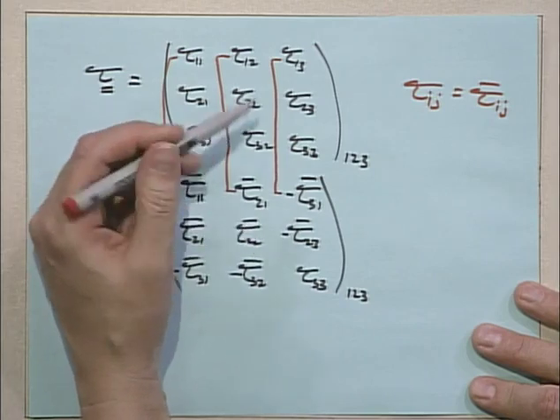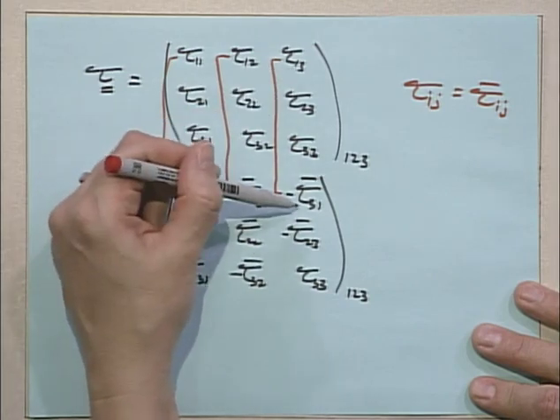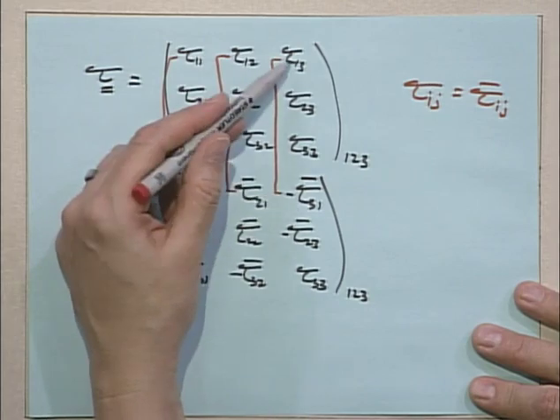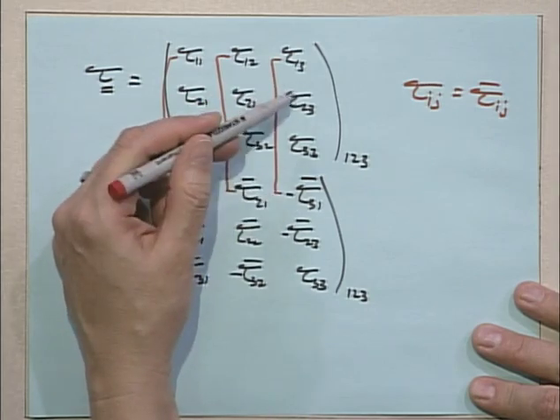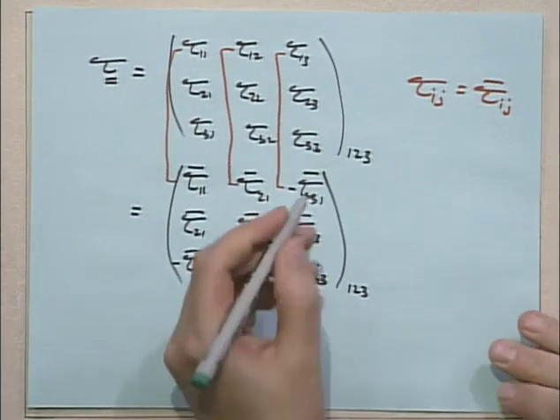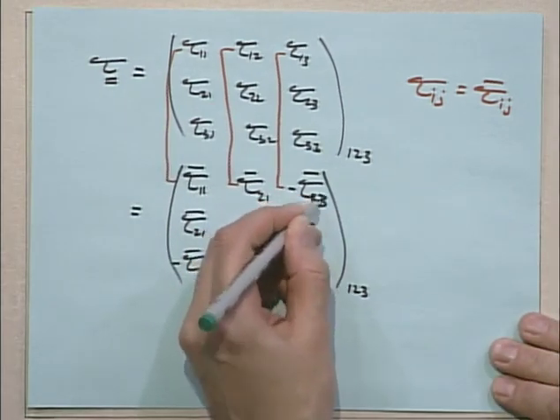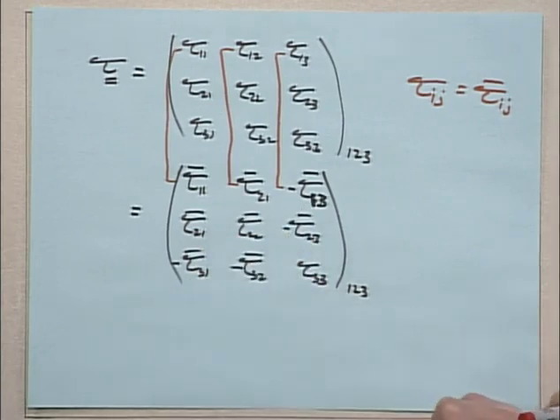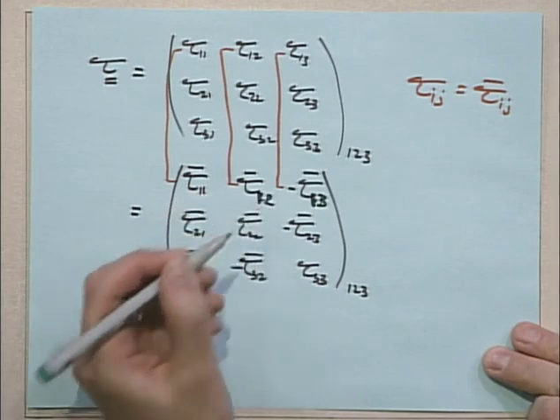Problem. If tau 1, 3 equals minus tau 1, 3 bar, and tau 1, 3 equals tau bar 1, 3, this is 1, 3, not 3, 1. Yes. This should be 1, 2.